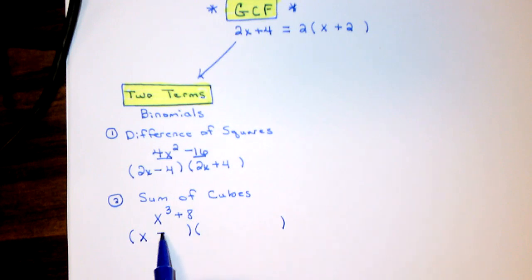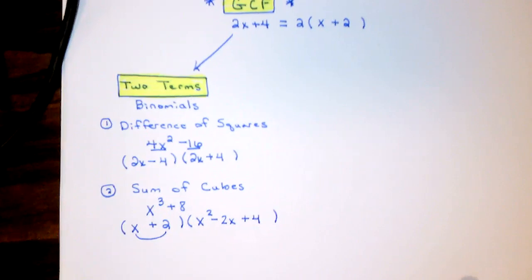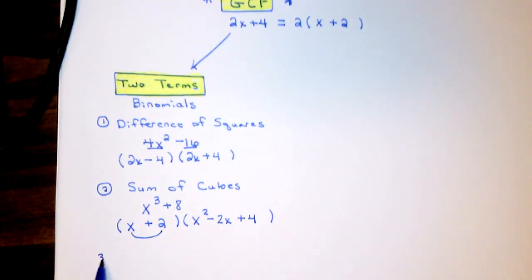The cube root of 8 is 2. And cube means what 3 things multiply to give you 8. Now for the rule, you always square the first, multiply the 2 together. This sign is always different. And then you square the last. Okay, and you can also have what is called a difference of cubes.